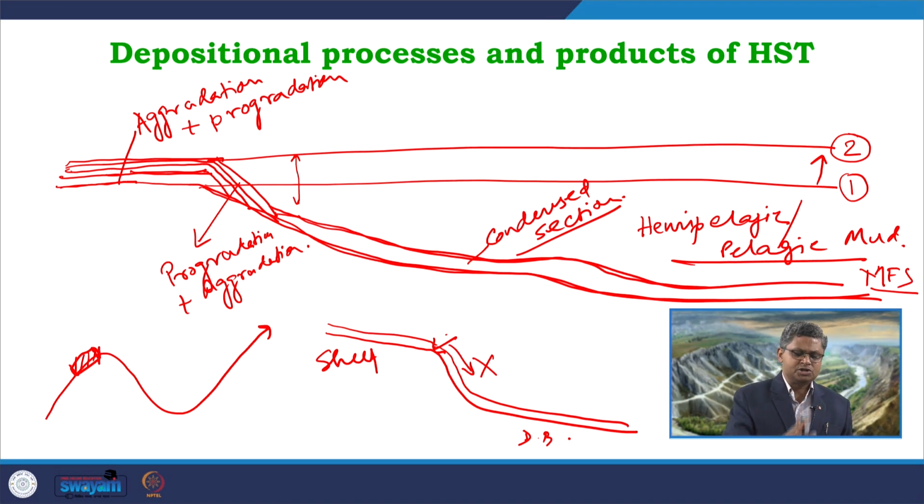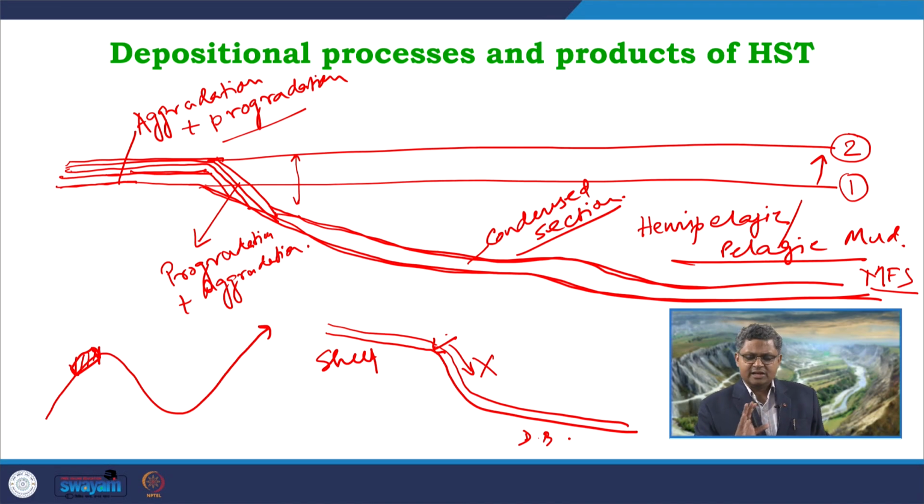Major deposition is confined to the marginal marine part, where we are dominantly getting aggradation and progradation of the fluvial system, as well as progradation and aggradation of the delta lobes, which are spreading into the marginal marine area, into the coastal area. They are the main suppliers of sediments into this system.